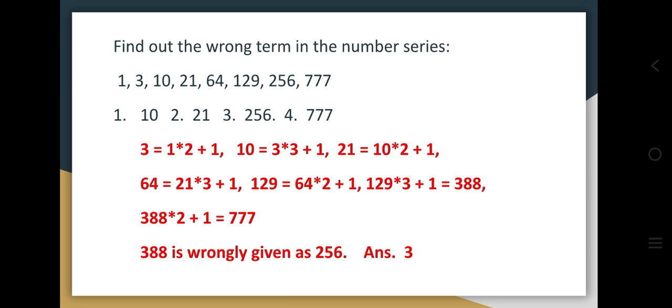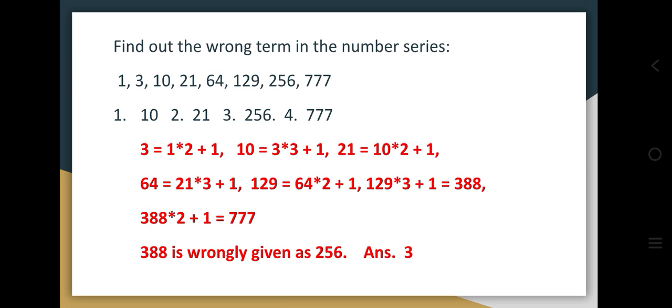So 64 into 2 plus 1 is 129. 3 times 129 plus 1 is 388, but here it is given as 256.